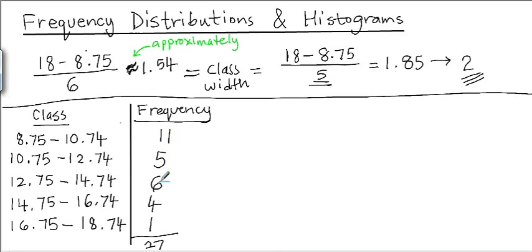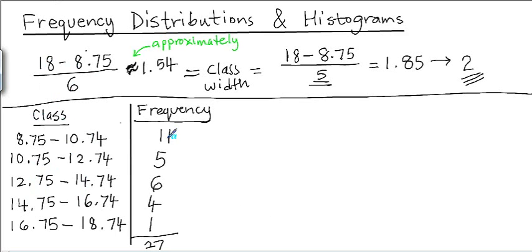So 11, 5, 6, 4, 1. So let me go by twos, okay? And I'll go 2, 4, 6, 8, 10, 12, and you want to kind of evenly space them. And the first one is 11.